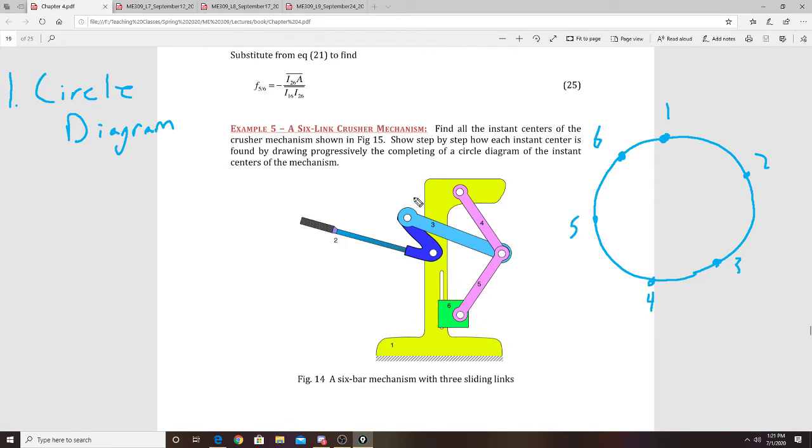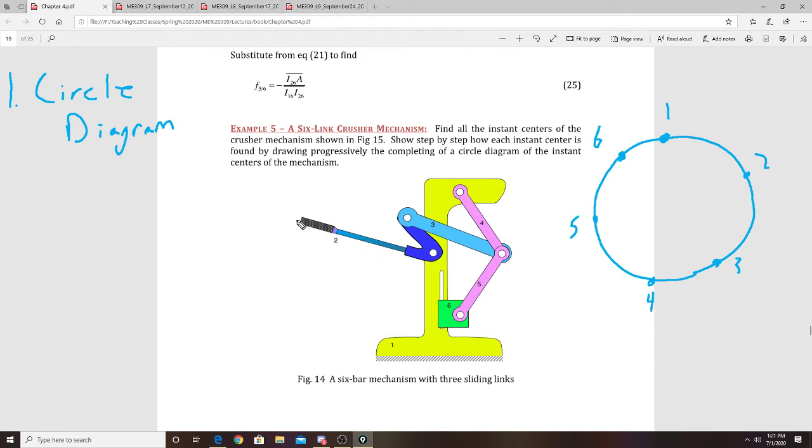Remember, this big yellow thing is 1. It's all 1. And 2 is this piece right here, this whole thing. So where would we find I12 at? We'd find it right here, right?